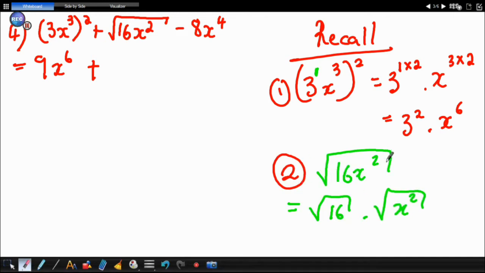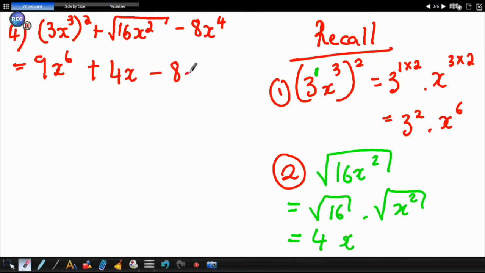As you know, when you have a term under the root, you can make each number have its own root. So in this case, you have the square root of 16 and then the square root of x squared. We know the square root of 16 is 4 and the square root of x squared is x. So we come and write it here, that would be 4x.